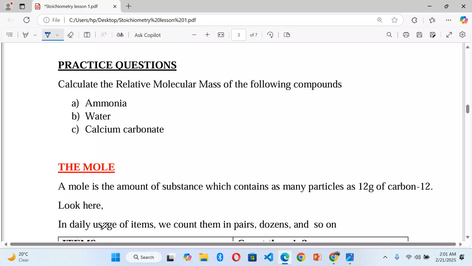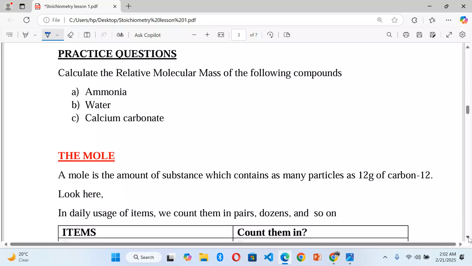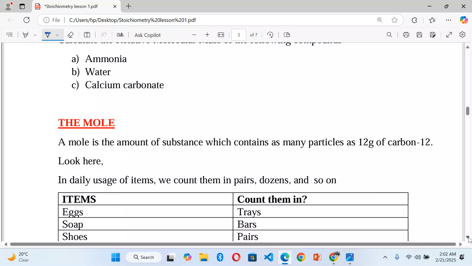In daily usage of items, every day, each one of us uses different items. We count them in pairs, in dozens, and so on. For example, how do we count the eggs? Eggs, we count them in trays.